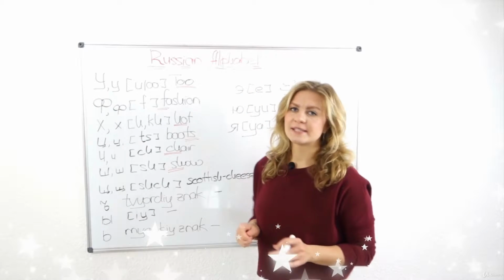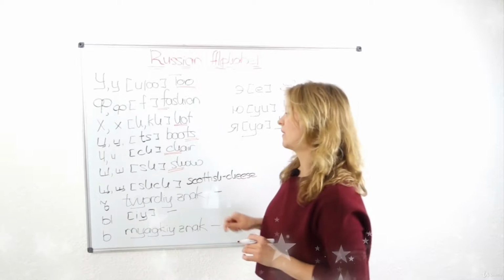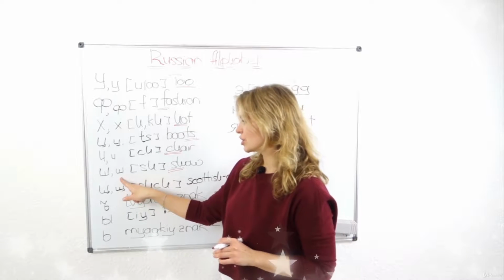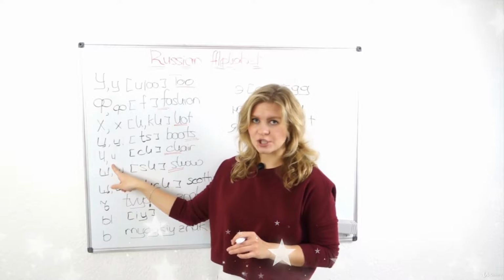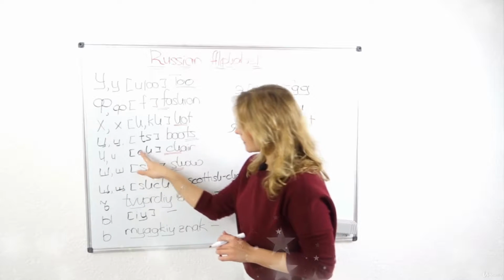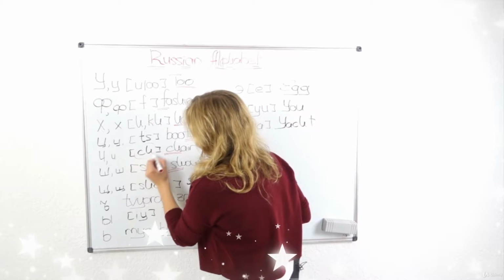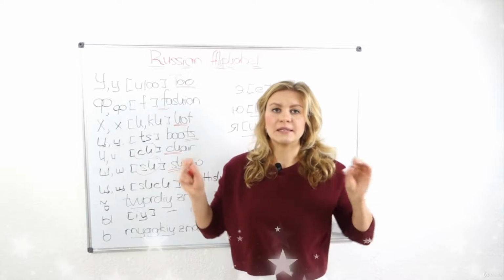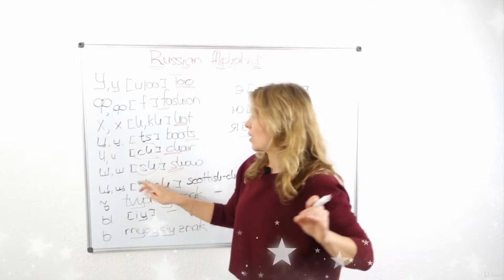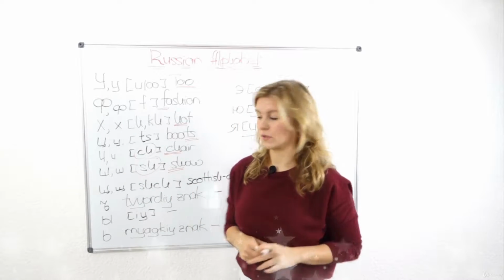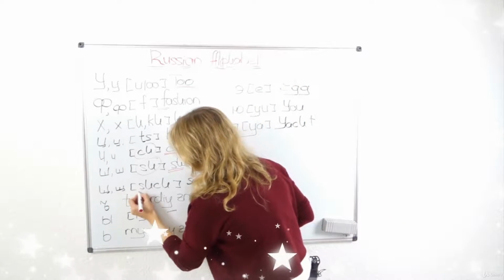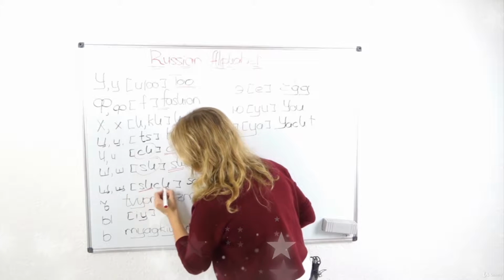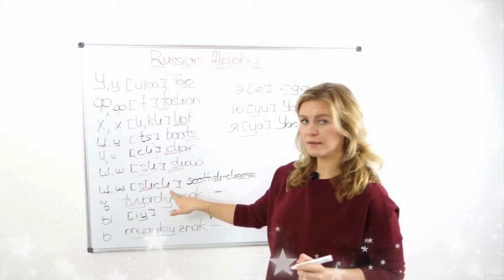Sh, I would say the combination of, in this case, sh and ch, or like also these English letters that represent English combination of the letters which represent Russian letters. So you can see that sh, it's basically sh and ch together.